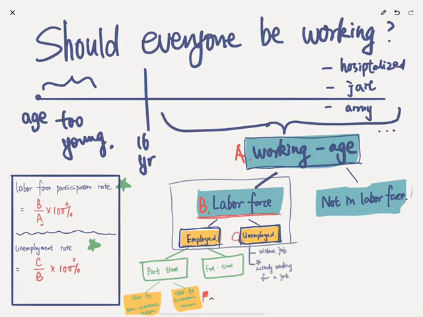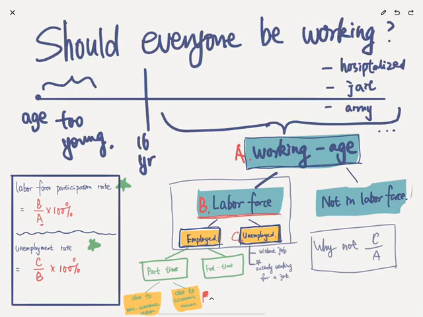So why don't we use C divided by A? Why don't we calculate something like this? This is, out of the working age, how many people are unemployed?